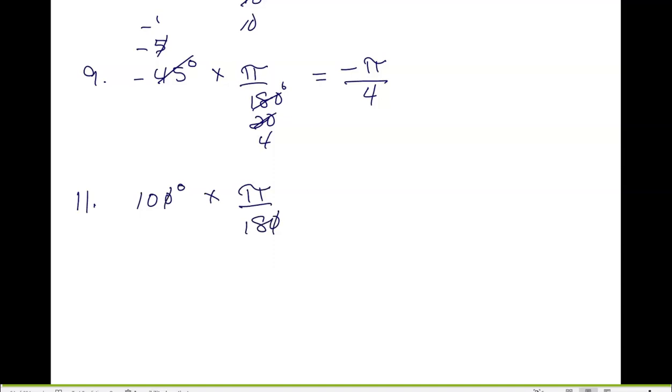Divide by 10, divide by 10, divide by 2, divide by 2. I'm getting 5 pi over 9, and that brings me to 13.